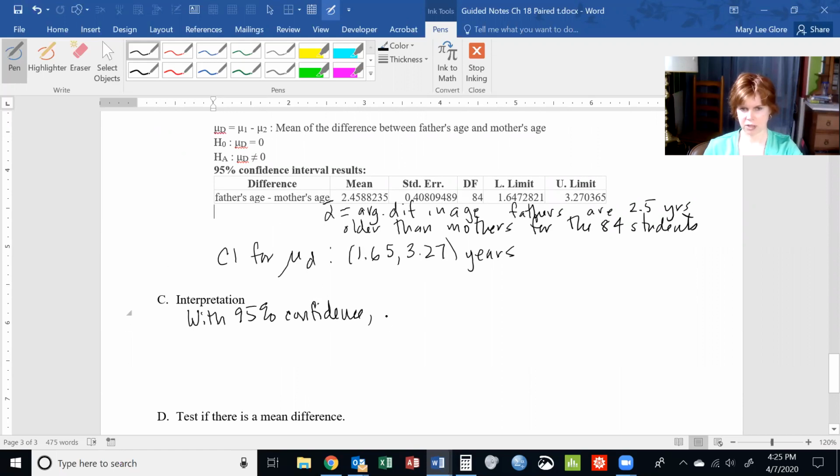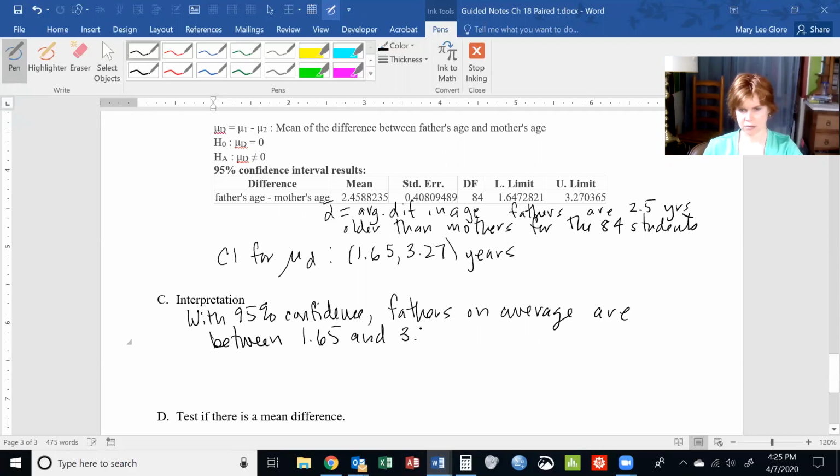So this is going to be that fathers, on average, are between 1.65 and 3.27 years older than mothers. Again, this is on average.